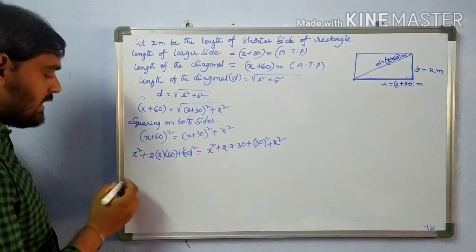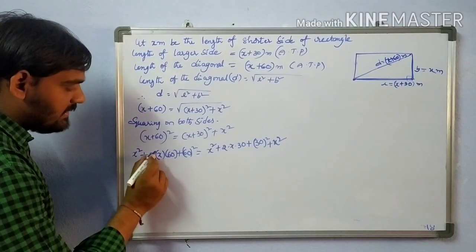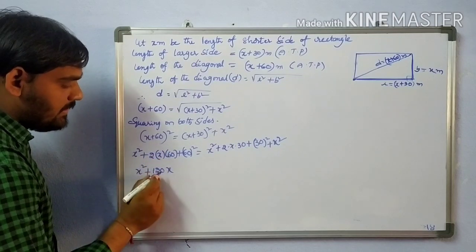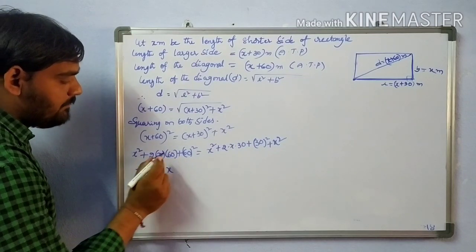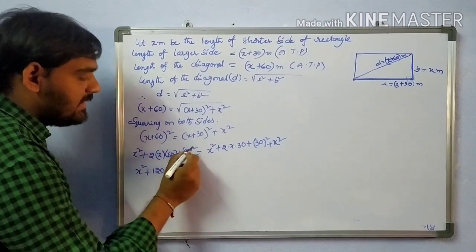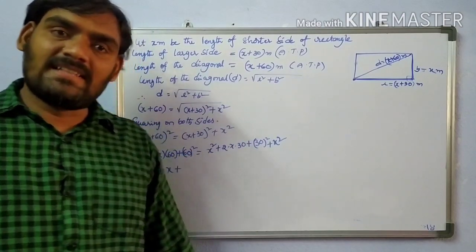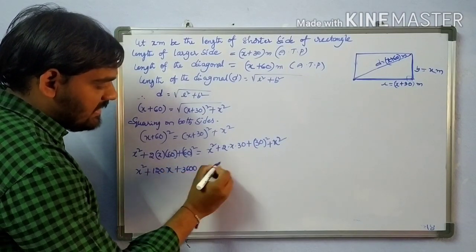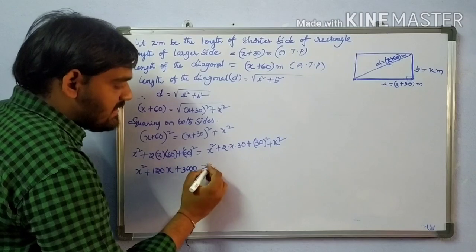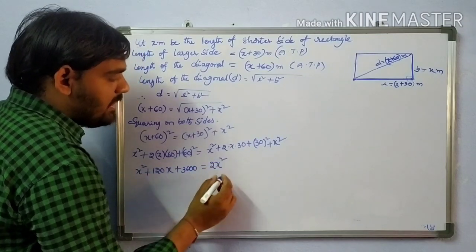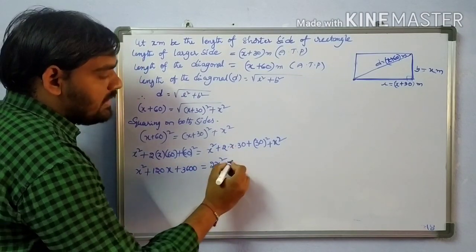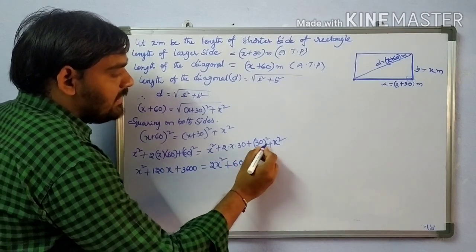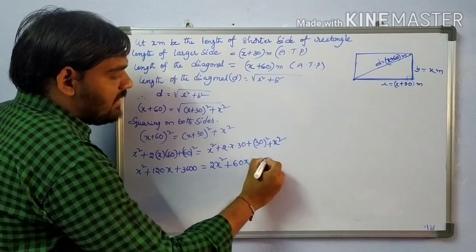Now here we will get x square plus 120x, 2 into x into 60, so 2 into 60 is 120, 120x plus 60 square. 60 square means 3600 is equal to x square plus x square, 2x square plus 2 into 30, 60x, plus 30 square, 900.